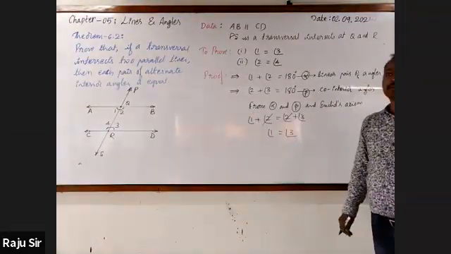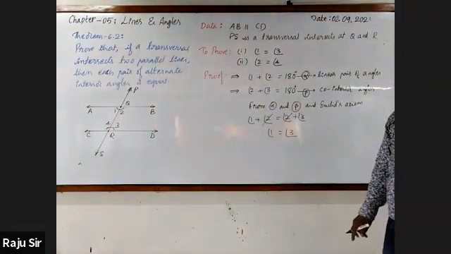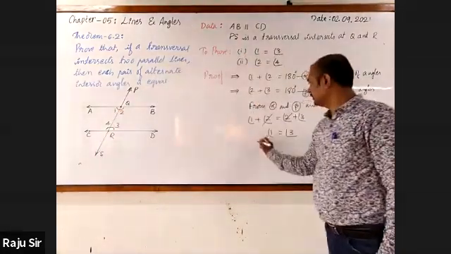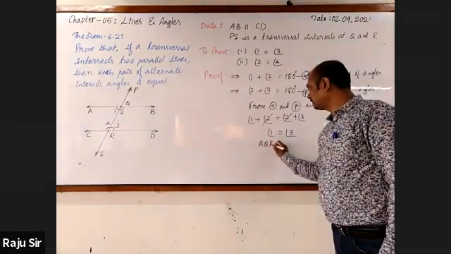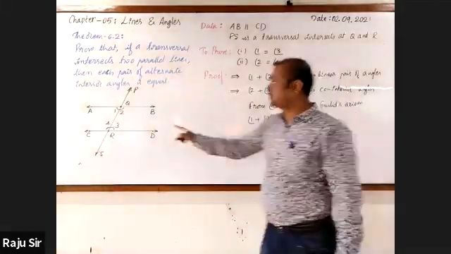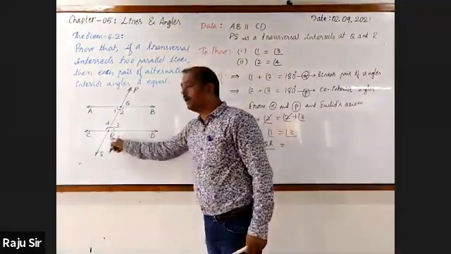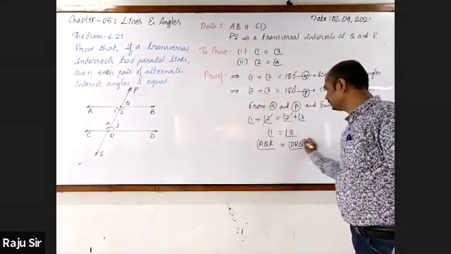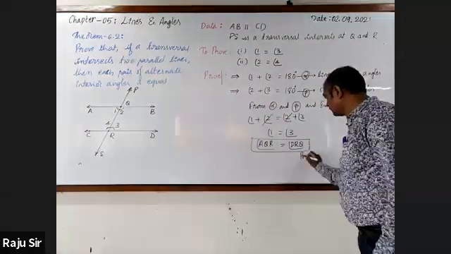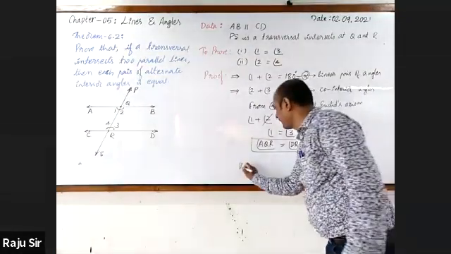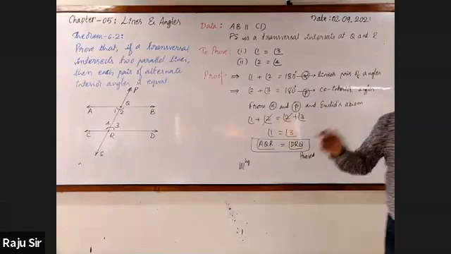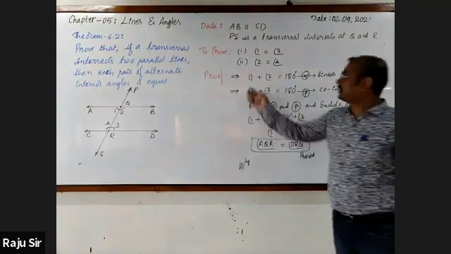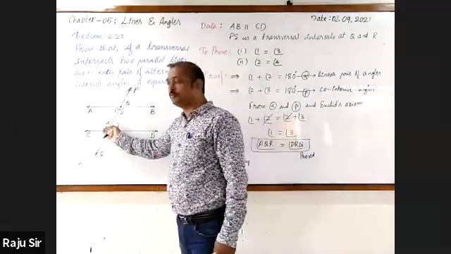Which is angle 1? Angle AQR, equal to angle DRQ. Hence it is proved. Similarly, we can also prove angle 2 and 4.